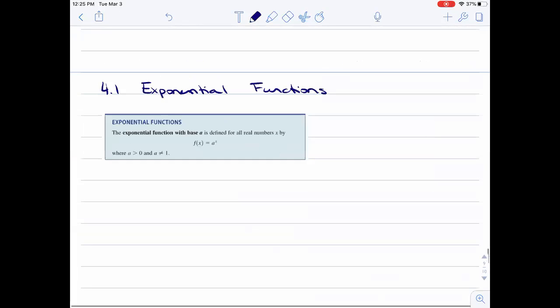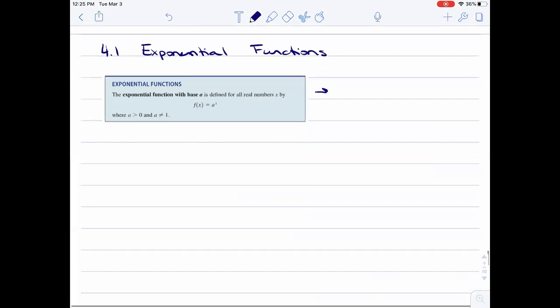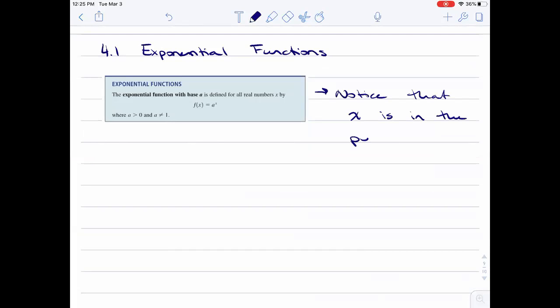So we're going to notice that x is in the power. So we say that a to the power of x is an exponential function base a.